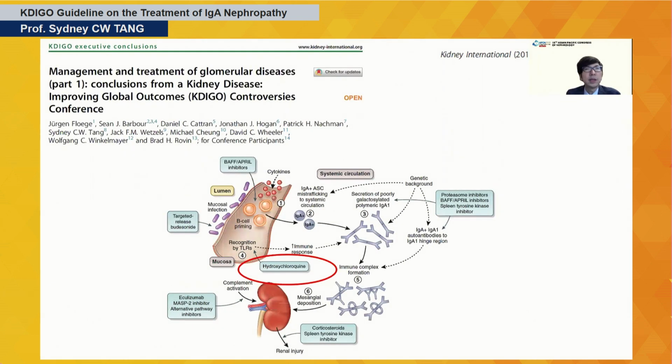I think if you look at the pathogenesis of IgA nephropathy shown here, you would see hydroxychloroquine here in the middle panel, and theoretically hydroxychloroquine may be able to reduce stimulation of IgA1 secretion by displaced mucosal antibody secreting cells through interfering recognition of mucosal derived pathogen associated molecular patterns, which have then entered the systemic compartment or circulation from the original site of mucosal infection.